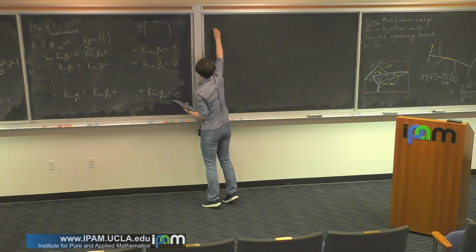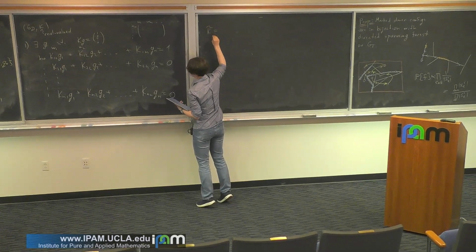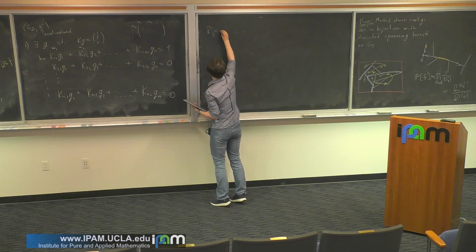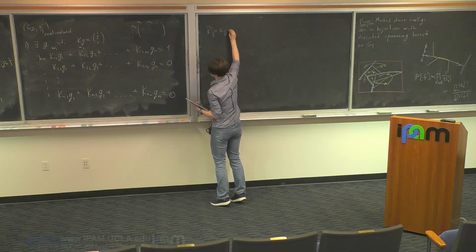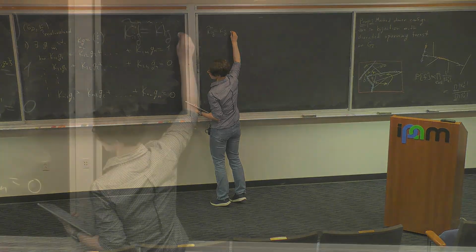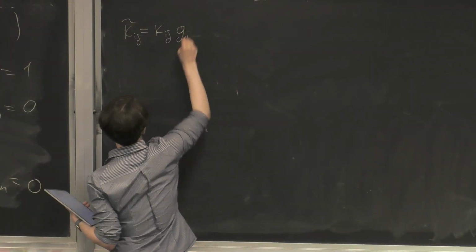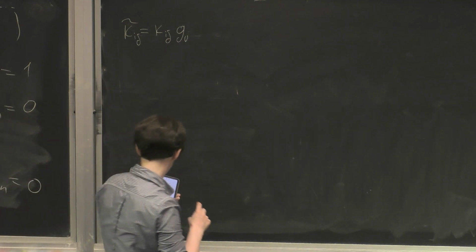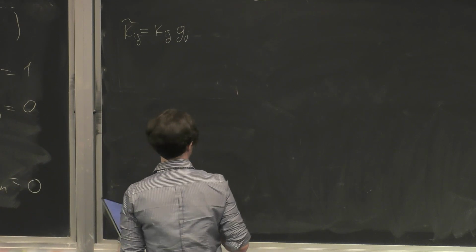So now I define a new matrix, which is given by K_ij times G_j, right? I just took this new matrix, which we get. Okay, hold on.